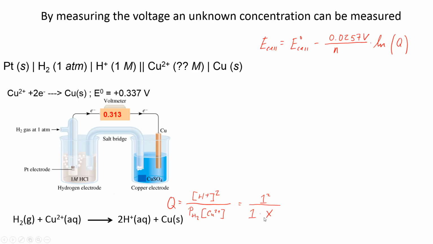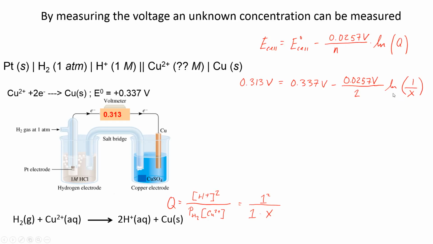I could have kept that copper 2+, but I chose to use X. Well, let's plug in everything we know into the Nernst equation. So under our non-standard conditions, we know the cell voltage. If everything were 1 molar, it would be 0.337 volts. And then Q is just 1 over the copper ion concentration.